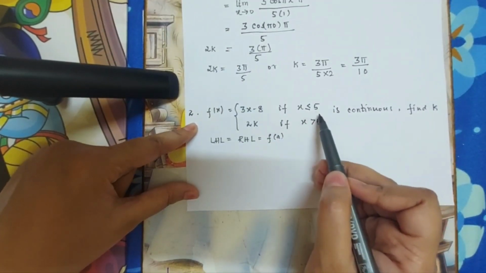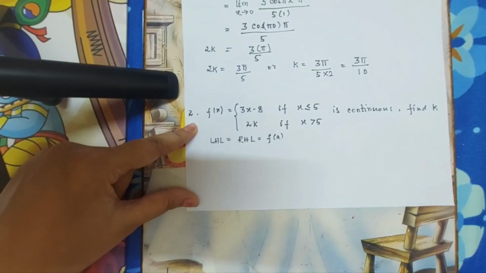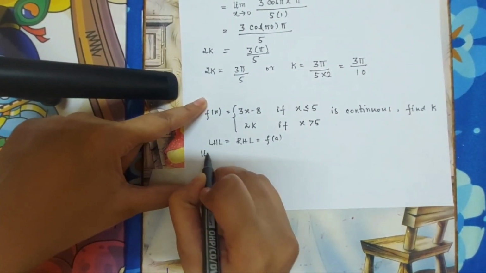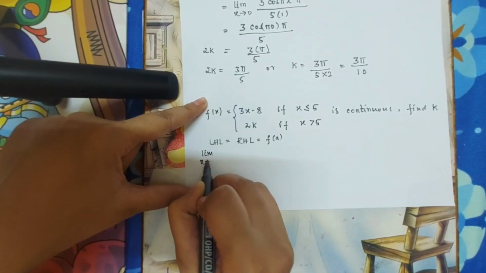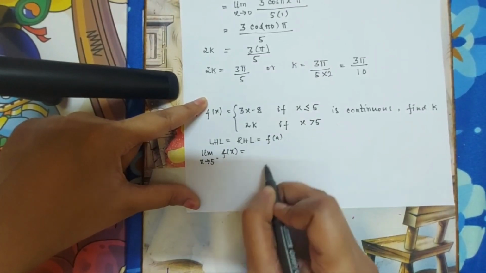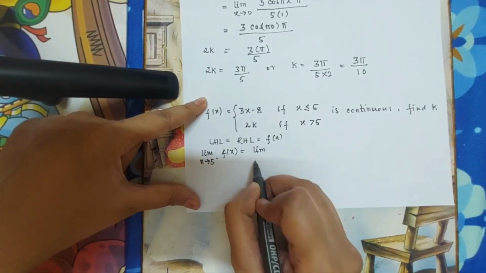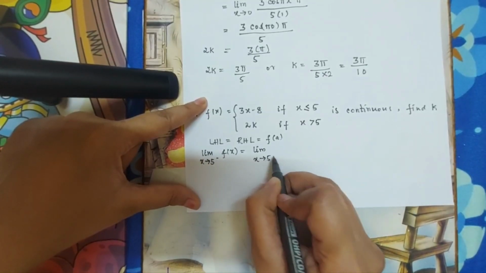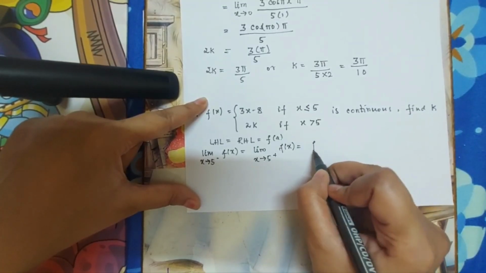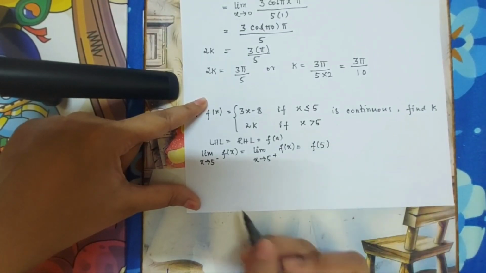Because x is less than or equal to 5. So this will be equal to limit as x tends to 5 minus f of x, and RHL will be limit as x tends to 5 plus f of x, and this is again equal to f of 5.